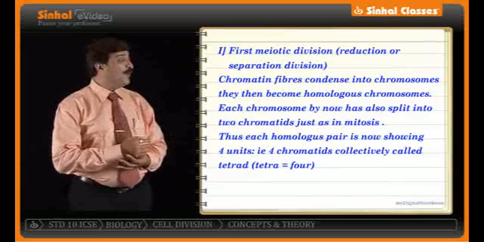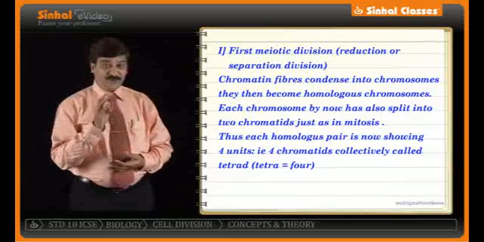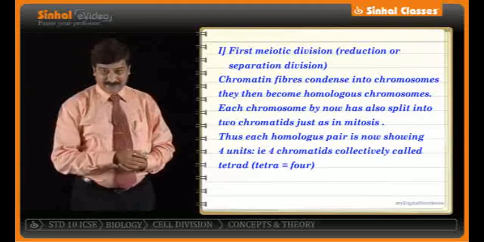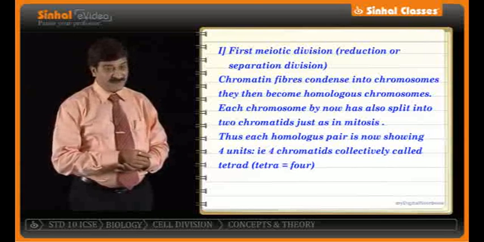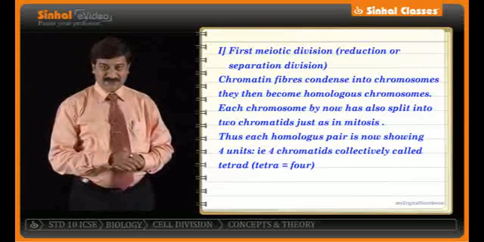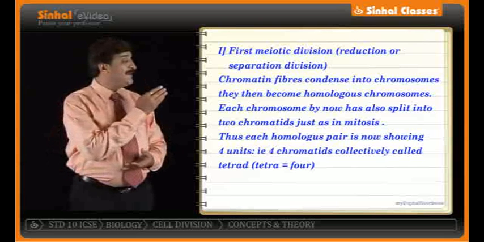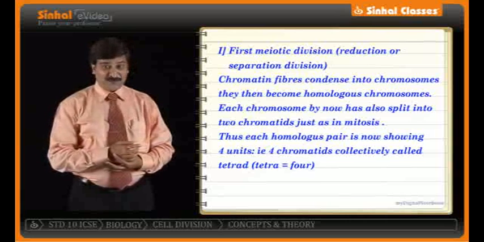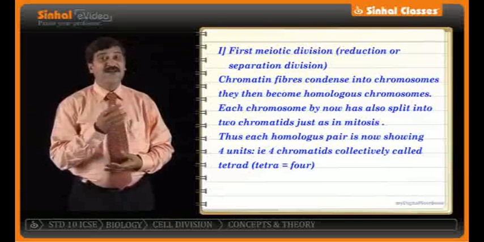Thus, each homologous pair is now showing 4 units, 4 chromatids, collectively called a tetrad. Tetra means 4. So the condition is the tetrad condition.